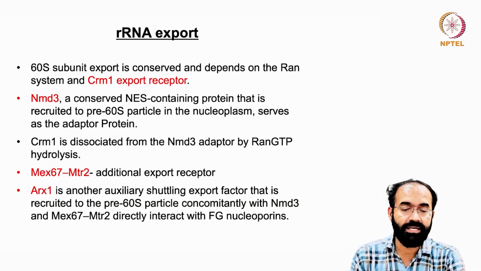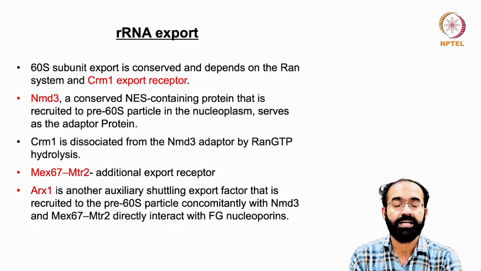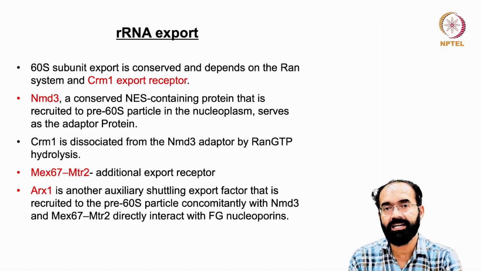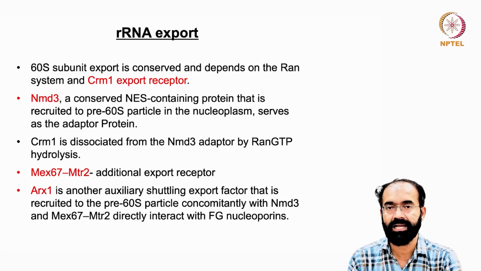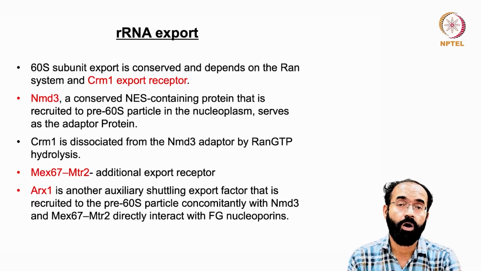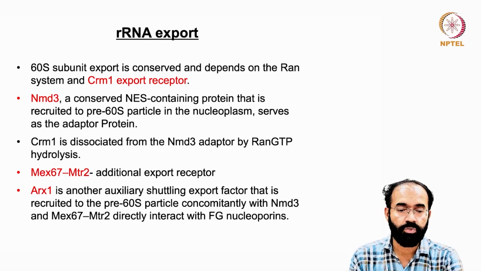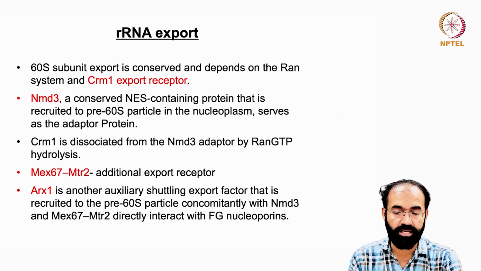Another protein, NMD3, is a conserved nuclear export signal containing protein. Like I told you in the previous class, a nuclear export signal need not necessarily be present in the RNA primary or secondary structure. It can be present on specific sequences of the protein associated with them, that is recruited to the pre-60S particle in the nucleoplasm and serves as the adapter protein.